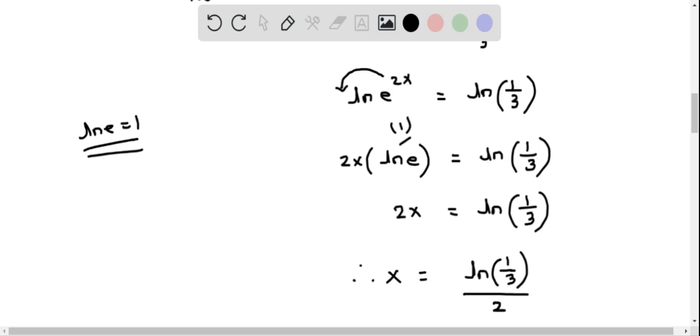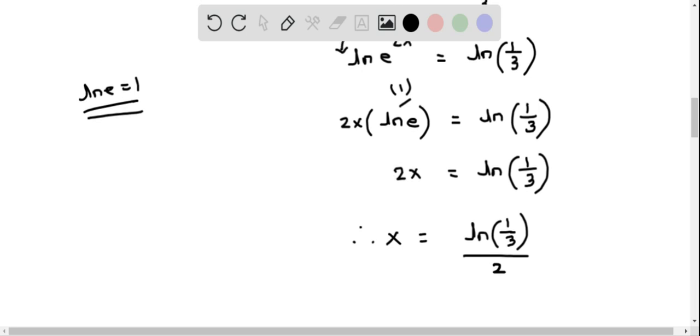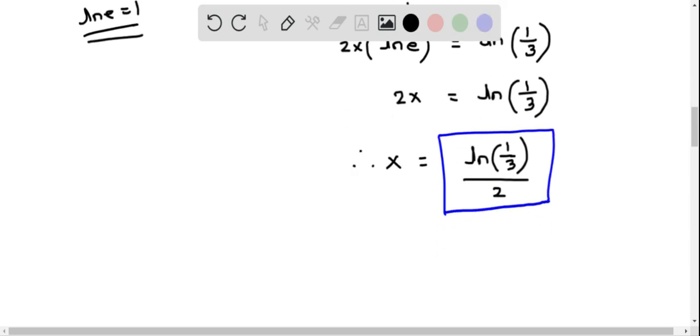And so this basically is the critical point of the function. We can also give it a decimal approximation by plugging this expression into the calculator. And when we do that, we get x approximately negative 0.549306. This one is approximated to 6 decimal places.